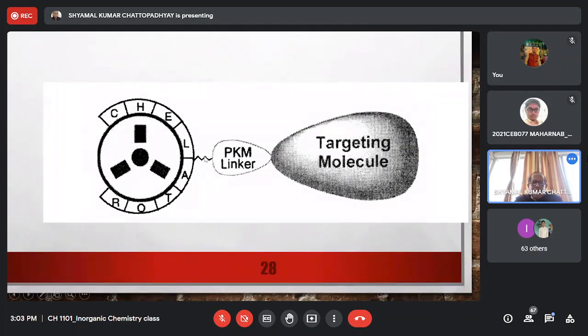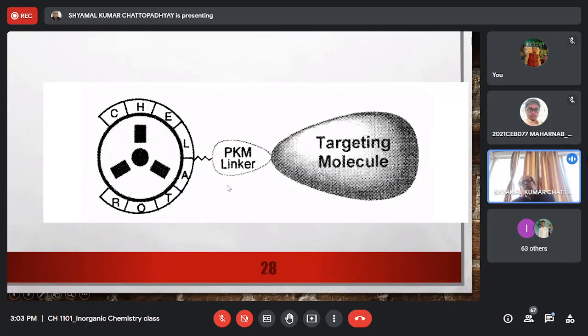How do you do that? You couple it with certain biochemicals which are specific antibodies for a given organ. Suppose you want to target it to a kidney cell. So you try to couple this chelated radiopharmaceutical with certain biomarkers which are specific for the kidney.